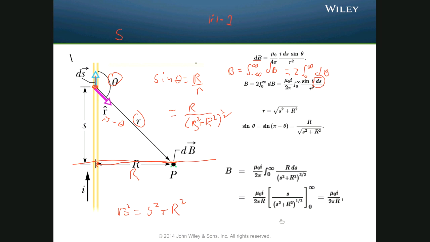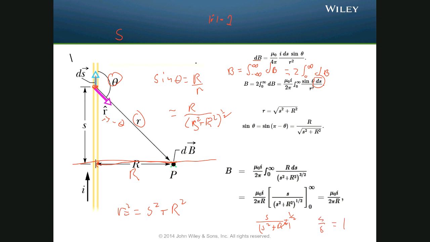So for large values of s, s over s squared plus r squared to the 1/2 goes to s over s, which equals 1.